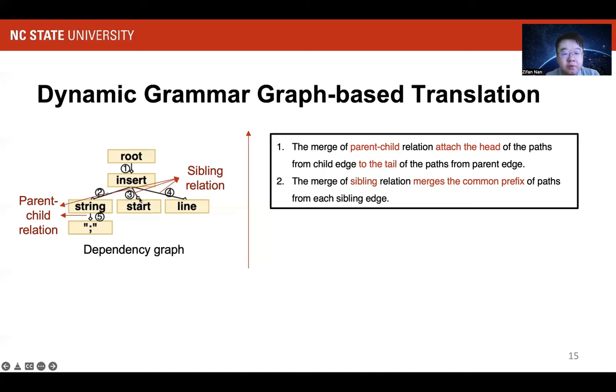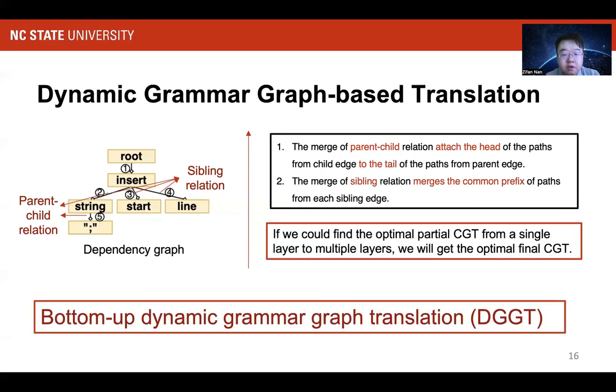When we merge them, we are doing a common prefix merge in each level. Therefore, if we can find the optimal partial CGT for a single layer, and then grow it from bottom to top layer by layer, keeping track of only the optimal partial CGT, we end up getting the final CGT when we reach the first level.